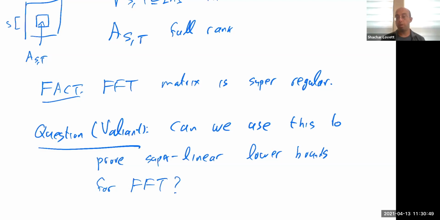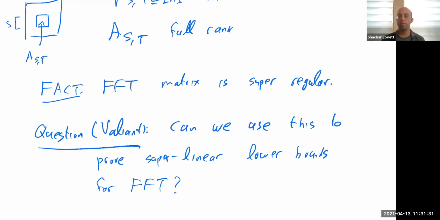Can we prove that any super regular matrix requires superlinear size? It seems like if a matrix has this property, it should be hard. It has as high rank as it potentially could, and all the submatrices are as high rank as they could potentially be. Can it still be computed by a linear size arithmetic circuit? Or maybe we can prove that any super regular matrix requires an arithmetic circuit of size more than linear. That's the question we're going to investigate today.